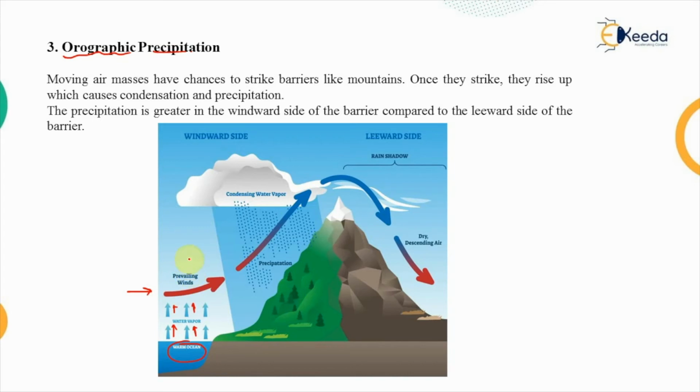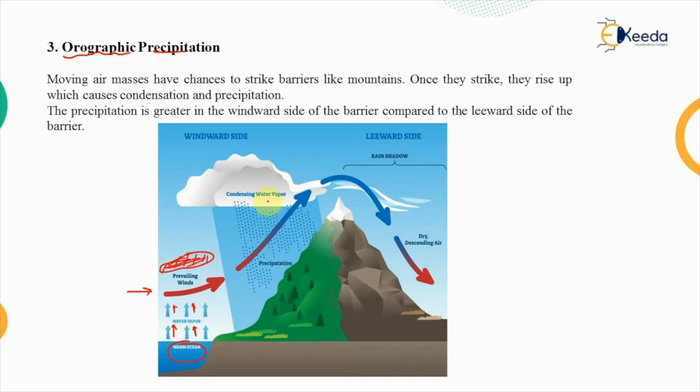The winds will be sweeping up these blankets of water vapor. Now these winds will be ascending because of the obstruction present in the form of a mountain, and will also be lifting up the blanket of water vapor.